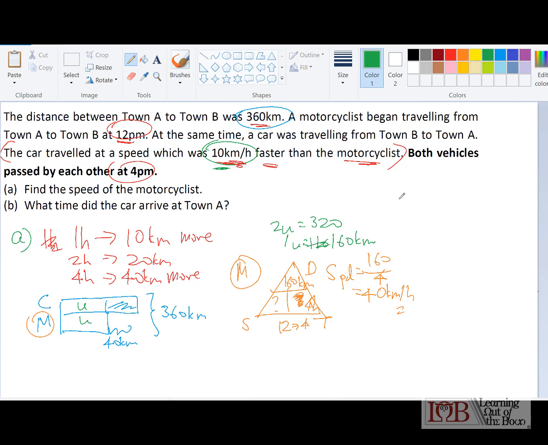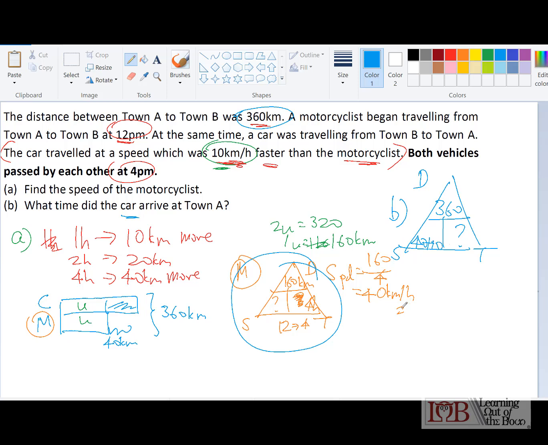What about part B? Yeah. Okay, so before I move on, this is how I actually make use of triangles to tell me what to do next. Okay, so the car-wise, you also need a DST. So DST for car, and the time taken will be a question mark. Distance-wise is the same, right? Because it's still 360, and speed is 40 plus 10.